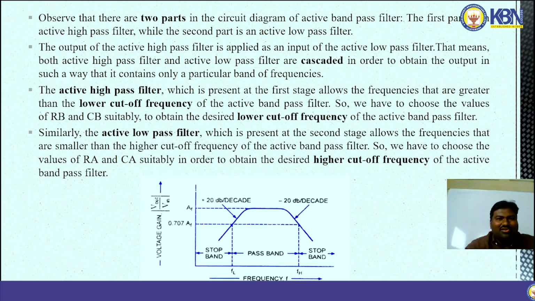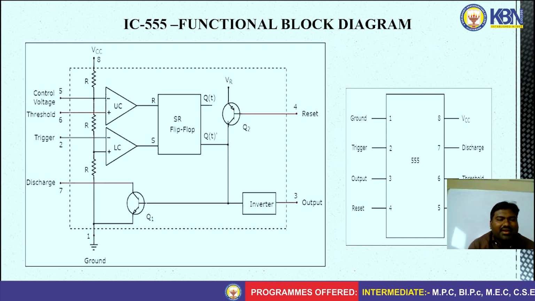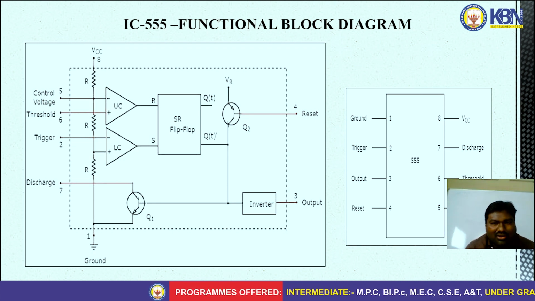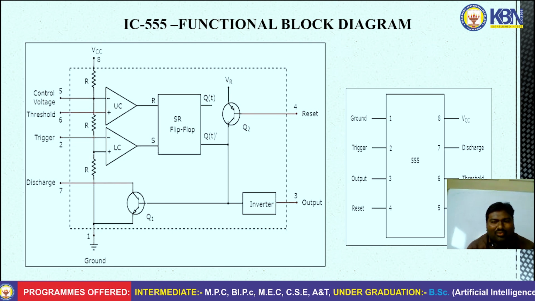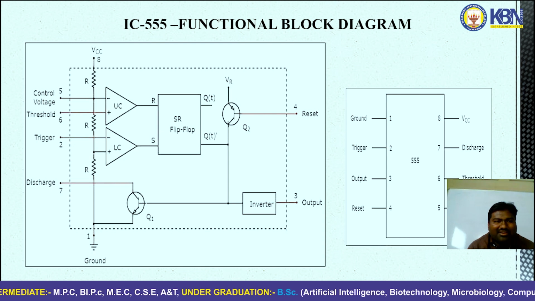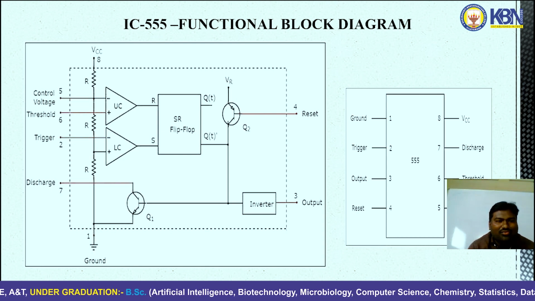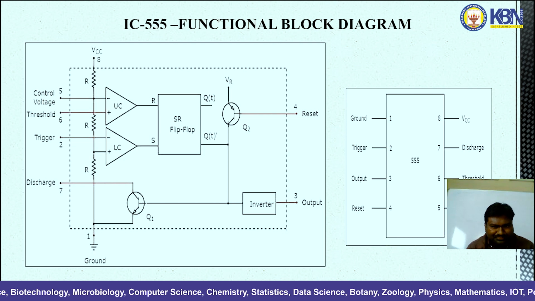The last topic of this unit is the IC 555 timer. Here the block diagram represents the IC 555 timer. Pin 1 is ground, pin 2 is trigger, pin 3 is output voltage, pin 4 is reset, pin 5 is control voltage, pin 6 is threshold voltage, pin 7 is discharge, and pin 8 is plus VCC.